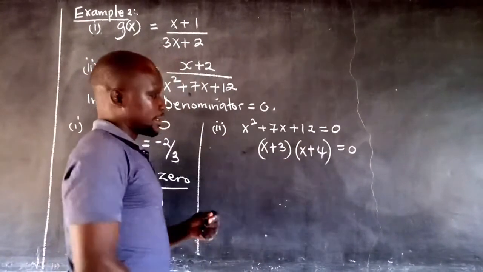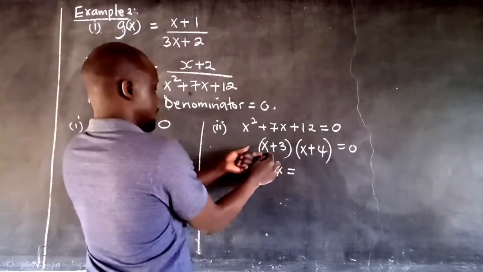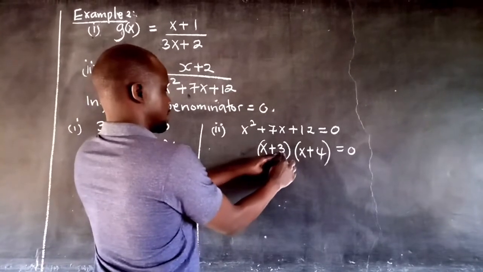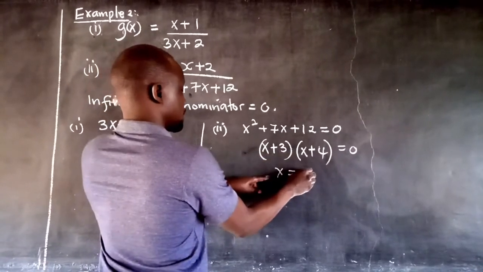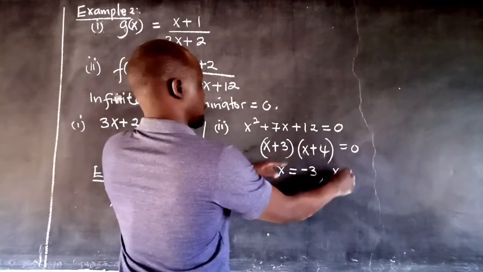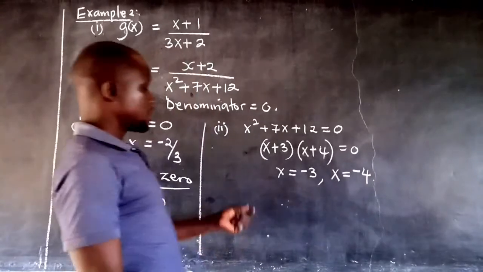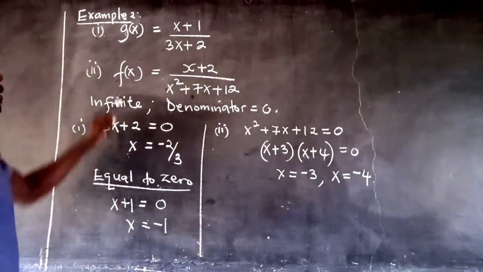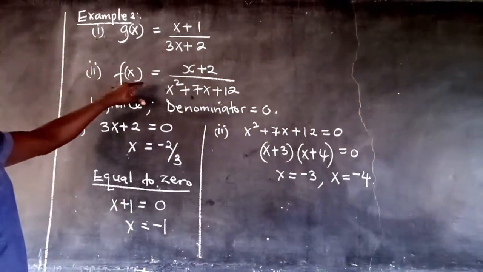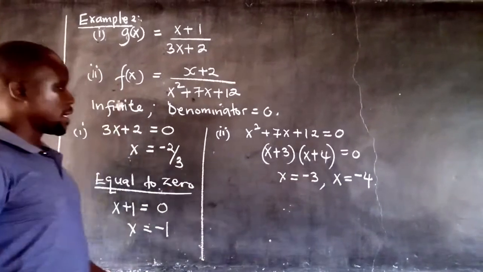The solutions will be that x plus 3 equal to 0 will yield negative 3, and x plus 4 equal to 0 will yield x as negative 4. So the values of x for which this f of x is undefined are negative 3 and negative 4.